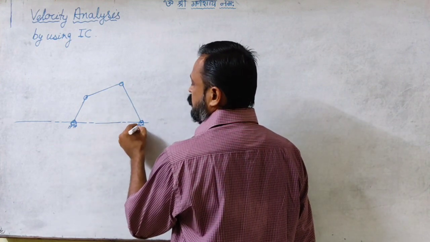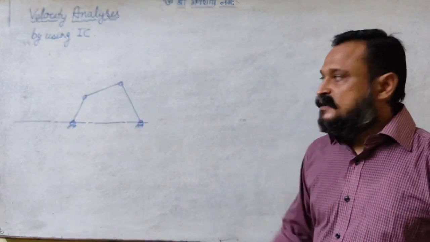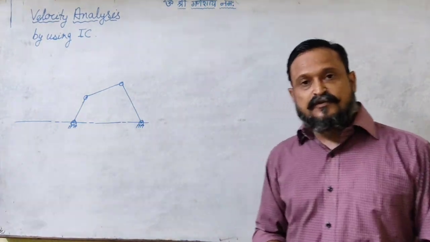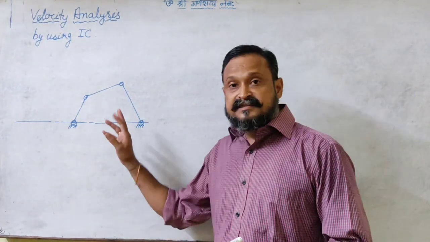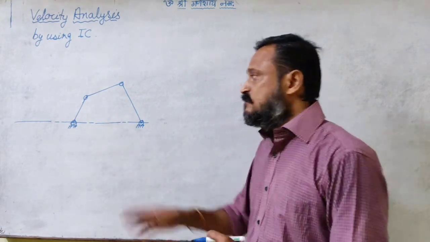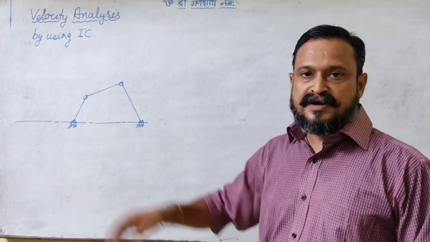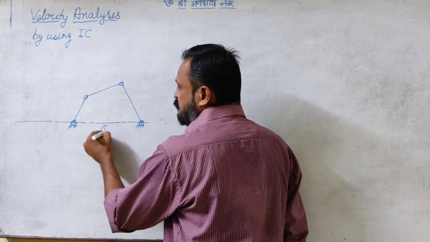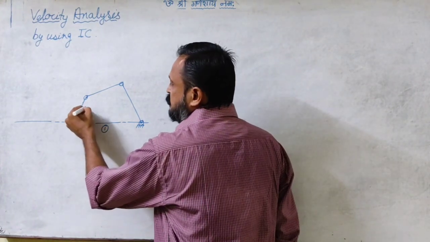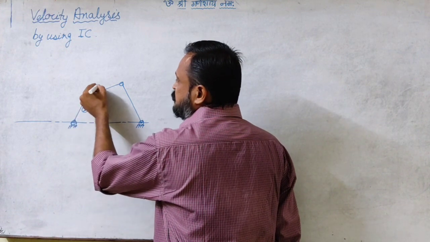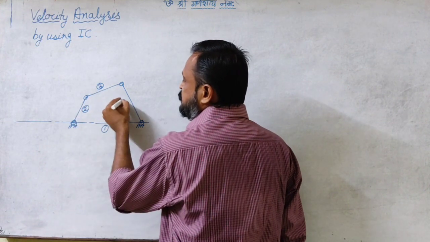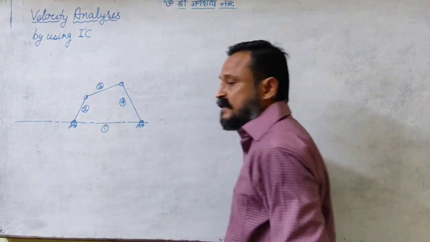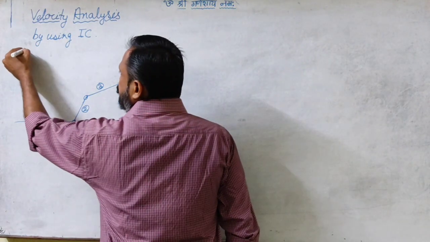So this is how, let us say this is a 4-bar chain given to us, and this is the configuration diagram we are drawing with whatever specific dimensions are given to us. So this is link number 1, let us say this is link number 2, this is link number 3, and this is link number 4.